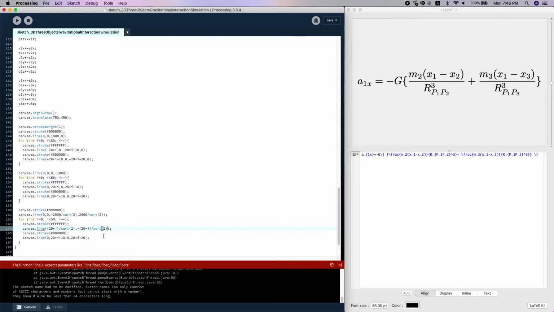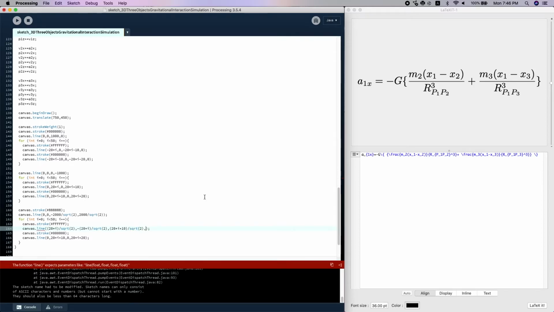And from that point, we need a plus 10. We always said we need a 10 length dotted line, so 10 lengths visible line, 10 lengths non-visible line. So we're going to need 20 times I plus 10 divided by square root of 2.